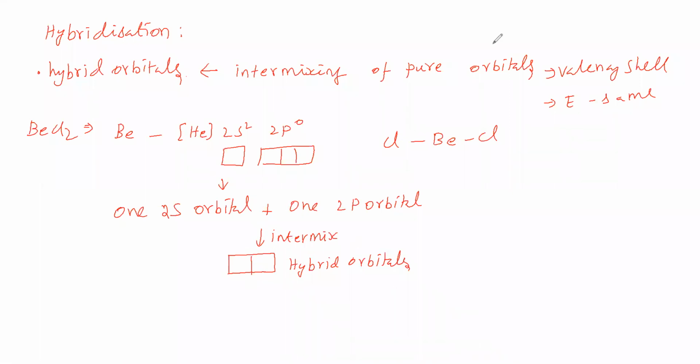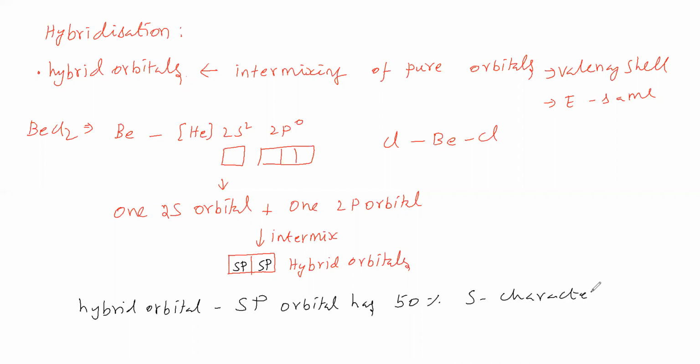What is the nature of the hybrid orbital? This hybrid orbital has sp nature. The hybrid orbital formed here is an sp hybrid orbital. This sp hybrid orbital has 50% s character and 50% p character.